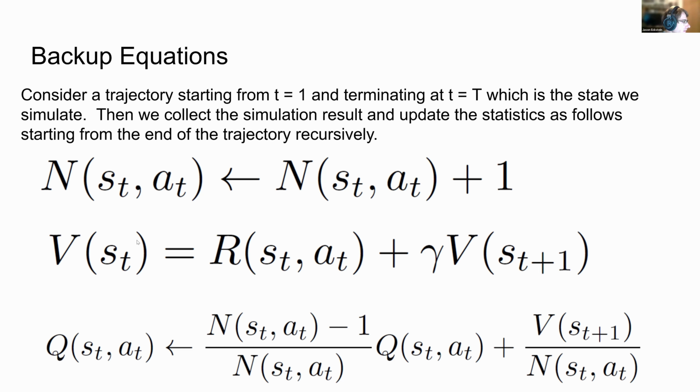So any state in the tree is going to use this update. But if this is an unvisited state, then this V will represent the rollout estimator that we had from before.